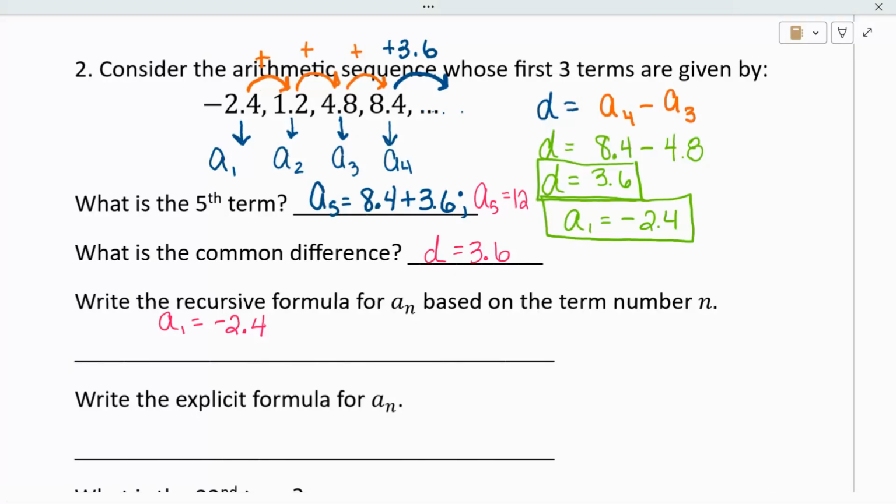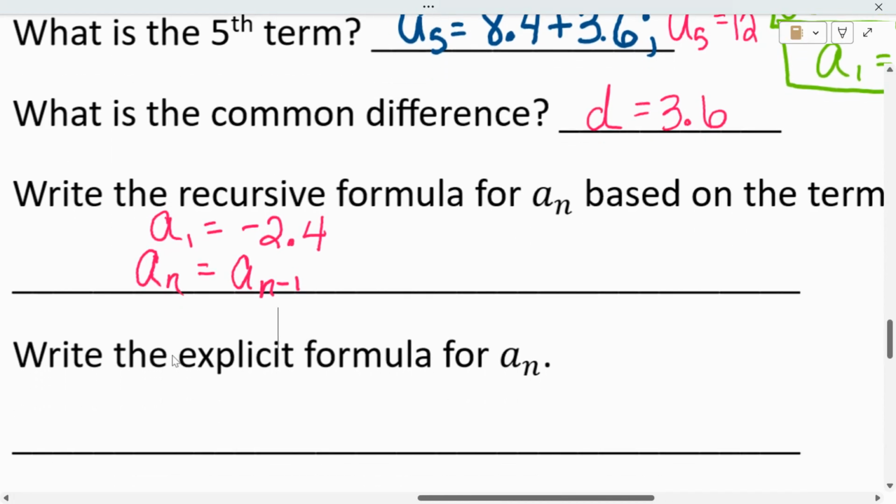And then it says a sub n, any term, equals the term that came before it. We show that by saying a sub n minus 1. We have to talk about the term that comes before it. And then what are we adding to it? 3.6. Good job.